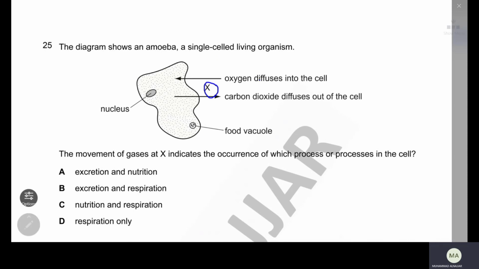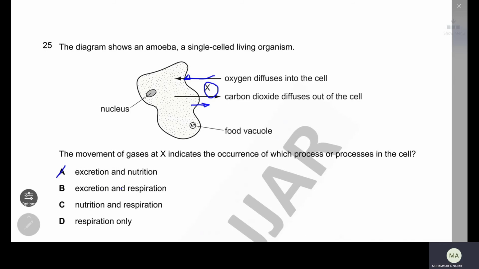Here there is oxygen diffusing into the cell, and carbon dioxide diffusing out of the cell. So is this process excretion and nutrition? Of course not. There's no nutrition here. Okay.